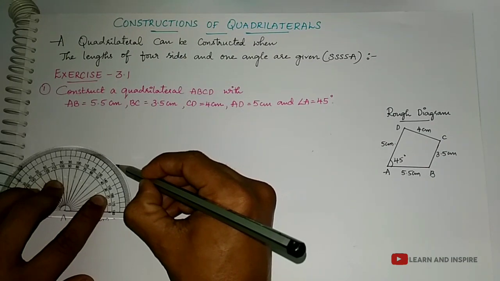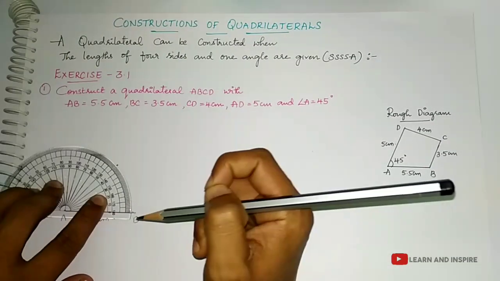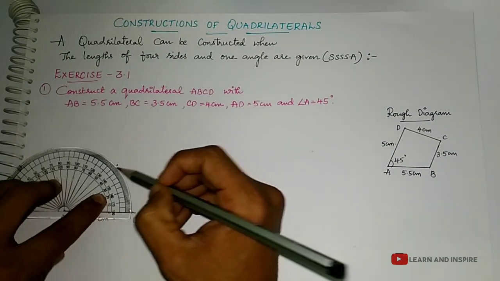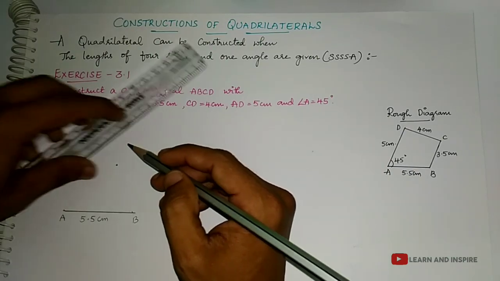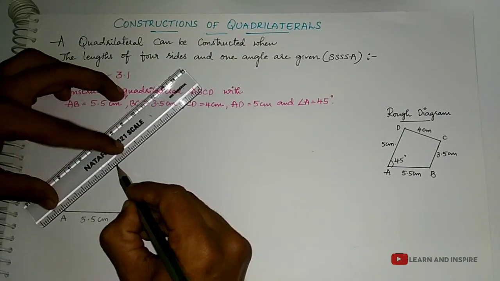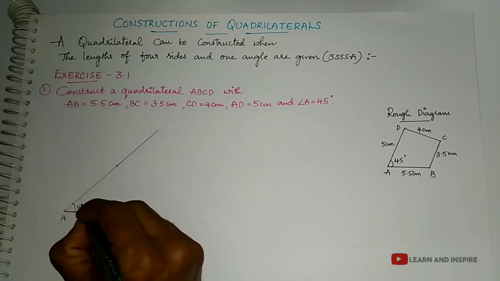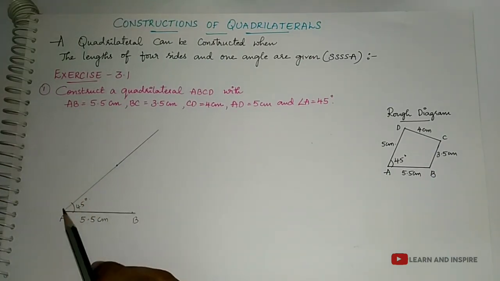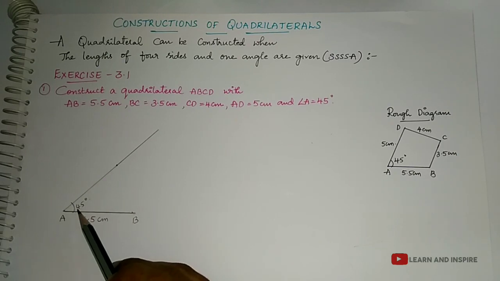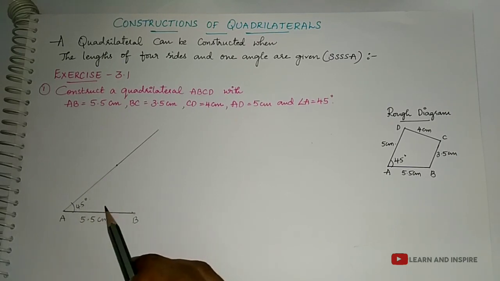So this is 45, and from this we can draw a ray. This angle represents 45 degrees. So step 2: with A as center, construct an angle of 45 degrees with the help of a protractor.